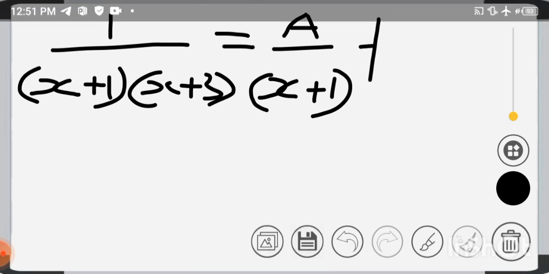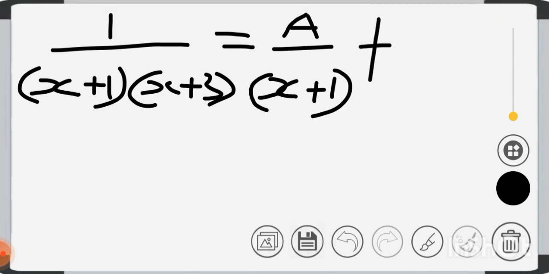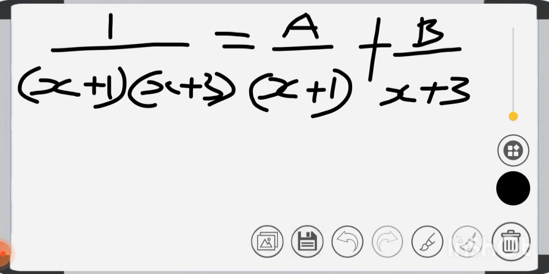Then plus, and this plus is not because they are positive, it is from the mathematics, another constant, let's say B, over the second factor, which is x plus 3. That is the first procedure you do: A over the first factor plus B over the second factor.